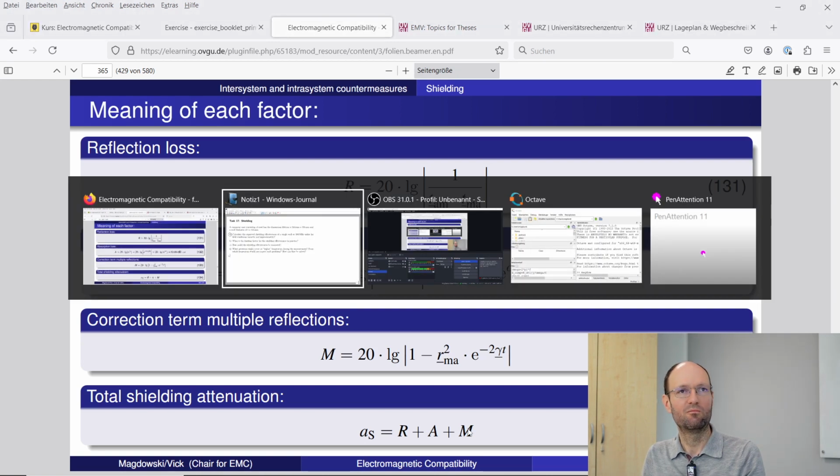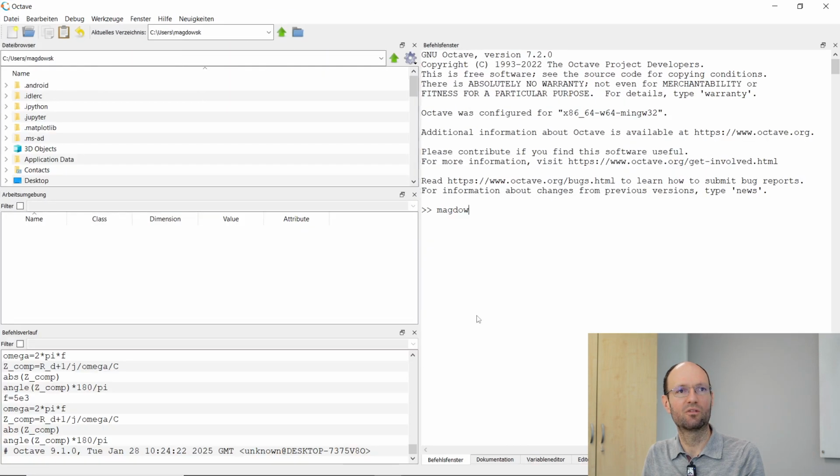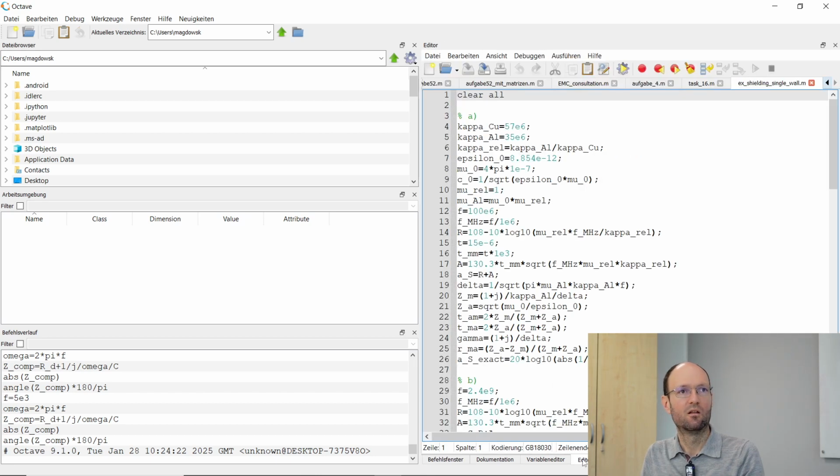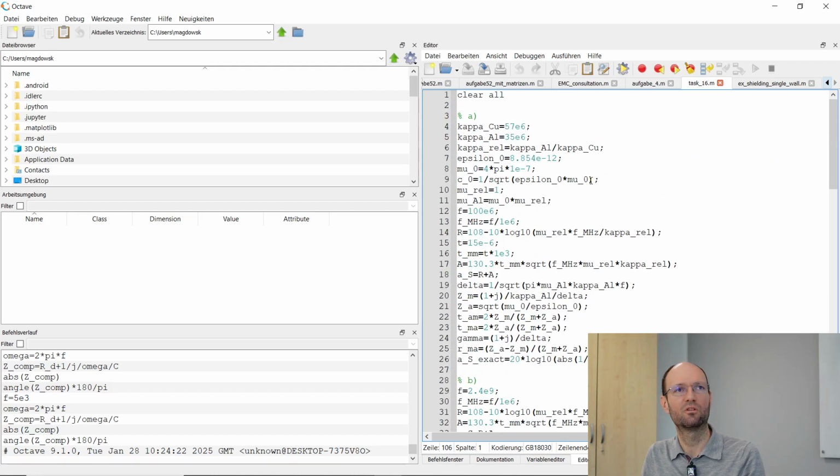And so we can maybe rely on what we already did in one of the tasks before. That is still open here. That was the solution of task 16, I think. I think this was the one that we developed in one of the last exercises where we had the copper and aluminum and stuff.